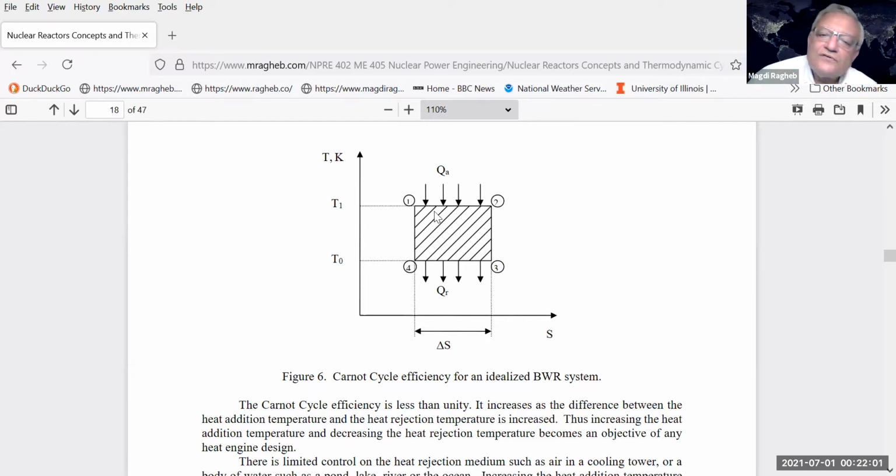The difference is that area here of the square, the hatched area, and that is the work done in your device, and we want to maximize that value, obviously.